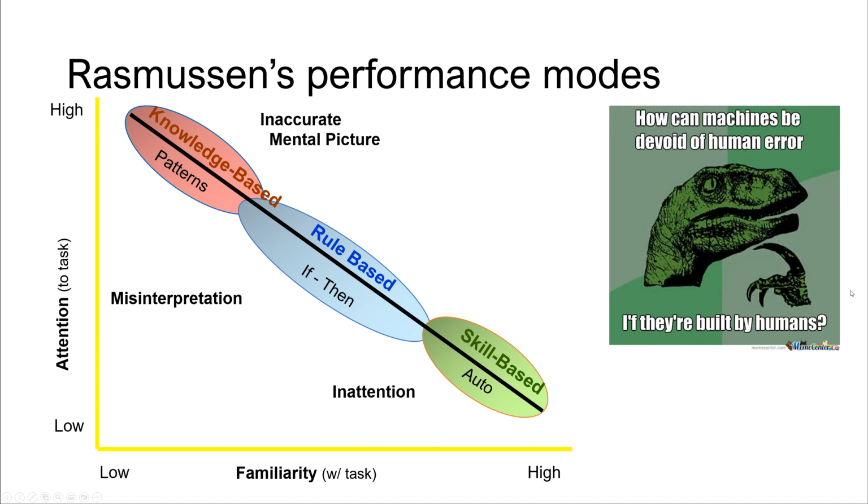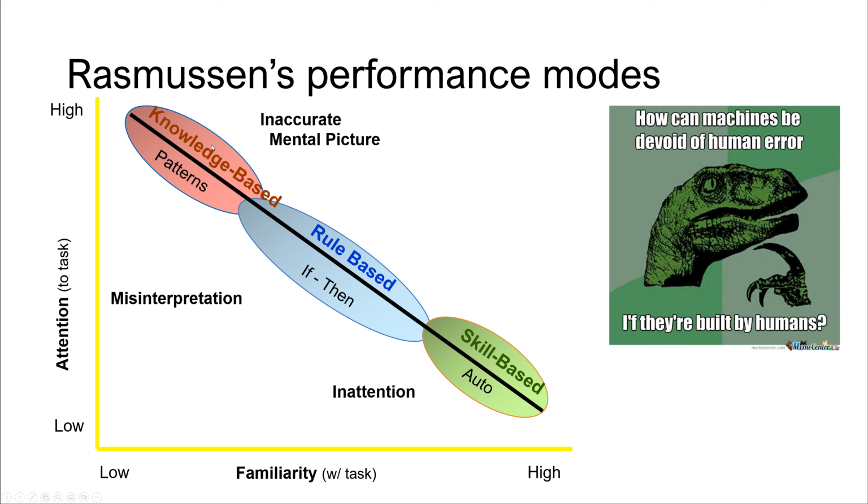Rasmussen's argument was also that the more we go up the framework, the greater attention a task requires, and our error rate increases.